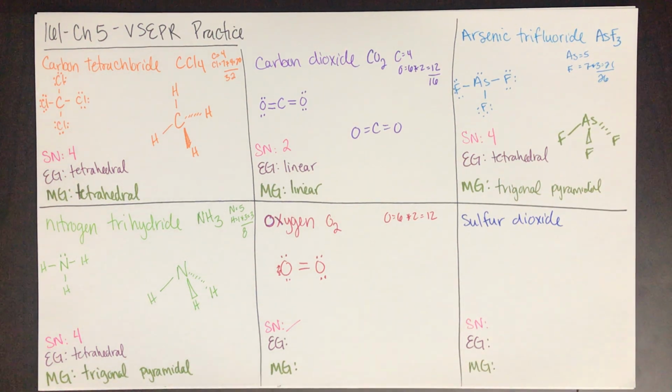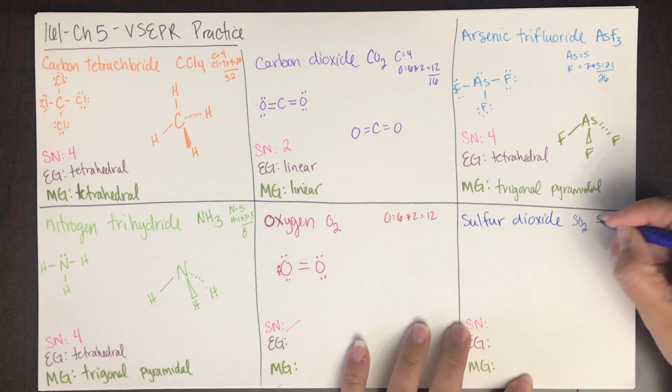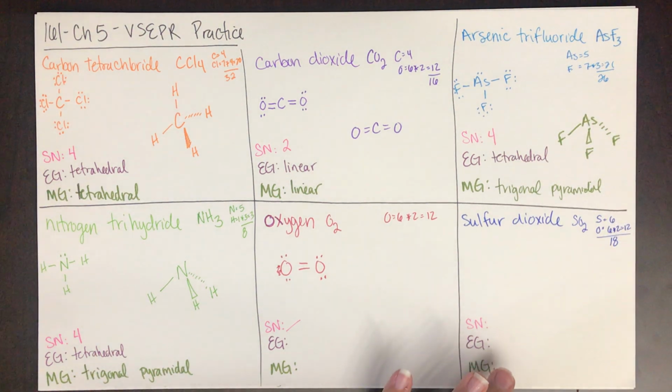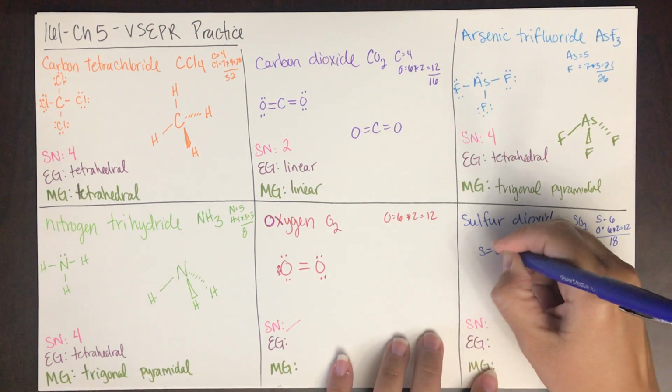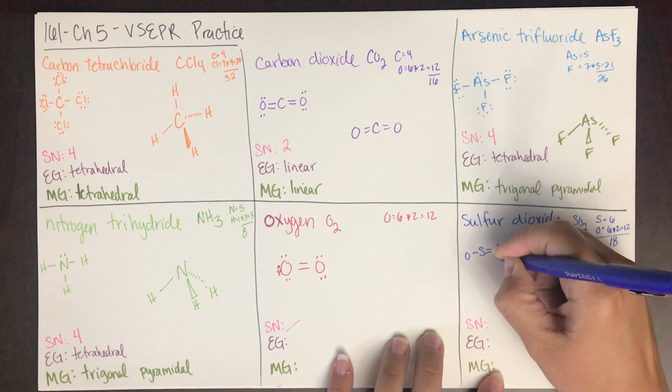So one more, let's look at sulfur dioxide. Sulfur dioxide is SO2. Sulfur is in group 6. Oxygen is also in group 6. Times 2 is 12. So I have 18 electrons to distribute. So if I have 18 electrons to distribute, I'm going to end up needing 1 double bond. 2, 4, 6, 8.